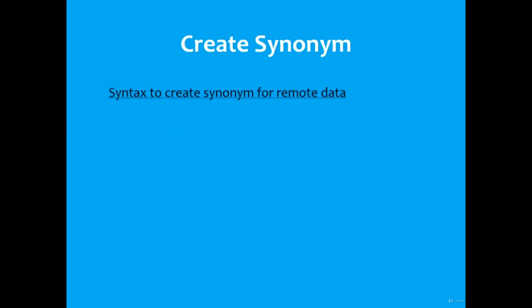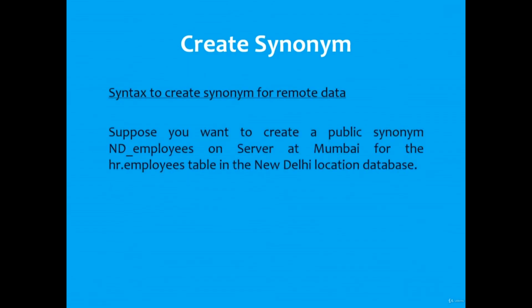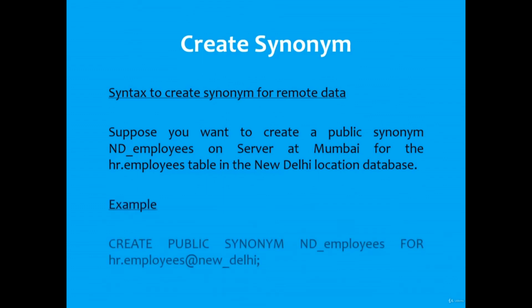Syntax to create a synonym for remote data. Suppose you want to create a public synonym nd_employees on a server at Mumbai for the HR employees table in the New Delhi location database. So now we will see an example of it. Create public synonym nd_employees.